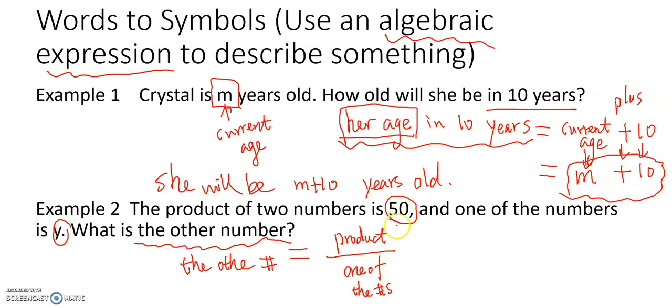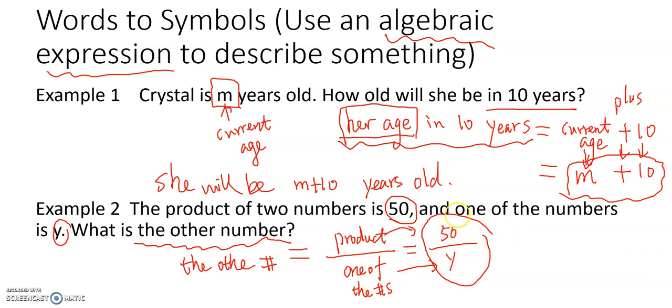And in this case, the product is 50. And what's one of the numbers? Again, it's not 2. If it's 2, of course, we put 2 there. 50 divided by 2 gives us 25. If it's 5, we can do 50 divided by 5. That gives us 10. But if it's something unknown, like a mystery number, we're just going to put a y for one of the numbers. So your final answer is just going to be 50 divided by y.